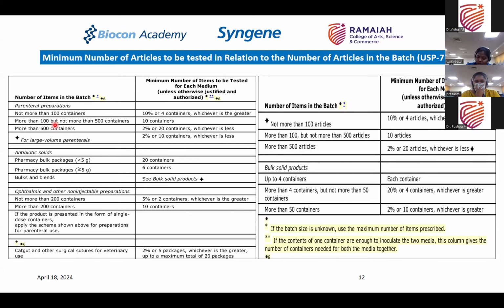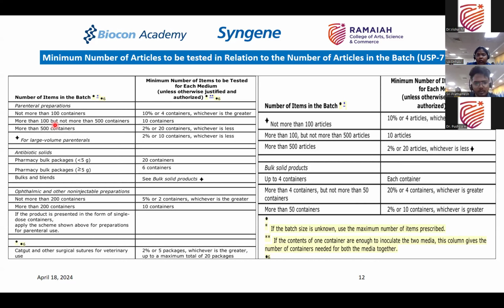This is the table you should always refer to and keep in mind for the process of analysis. Kindly note down this chart. And likewise, for ophthalmic and other non-injectable preparations, what is the meaning of ophthalmic?